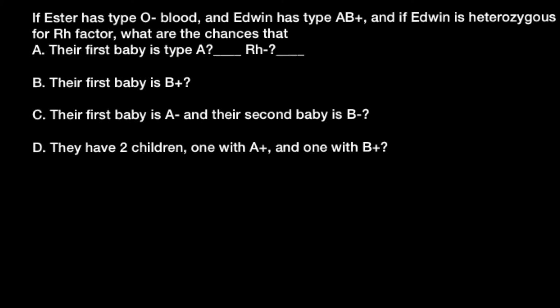So we are going to use independent assortment, and we can solve this problem just by considering each trait separately from the other. So what is the probability that these two parents would have a child who is blood type A?